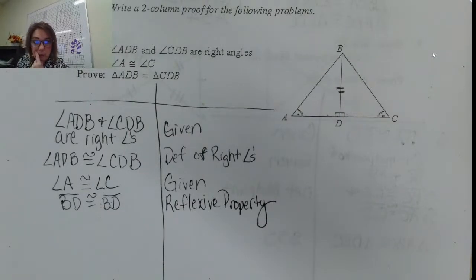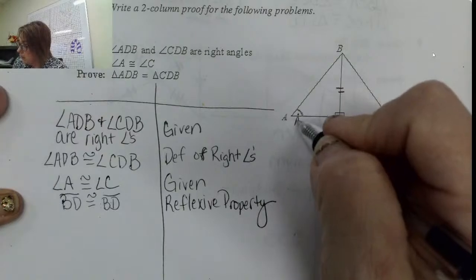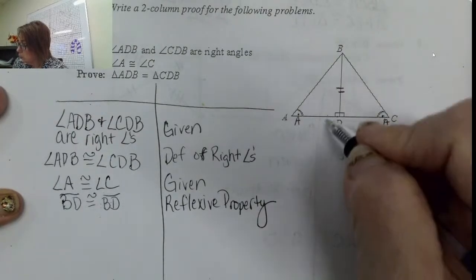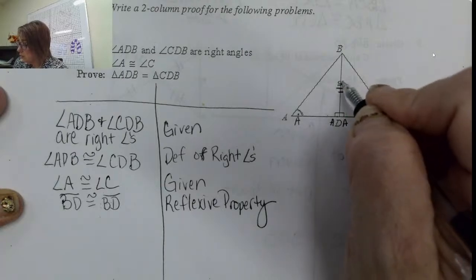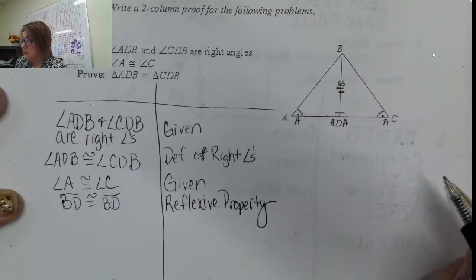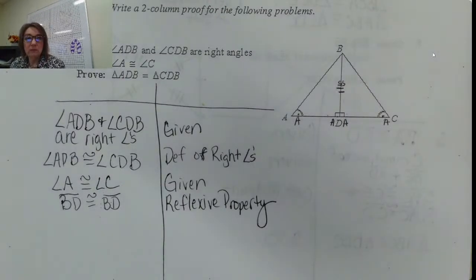So here's what we know. We know this angle is congruent to this angle. We know this angle is congruent to this angle. And we know this side is congruent to this side. What does that tell us about them triangles, based on what triangle congruence theorem?